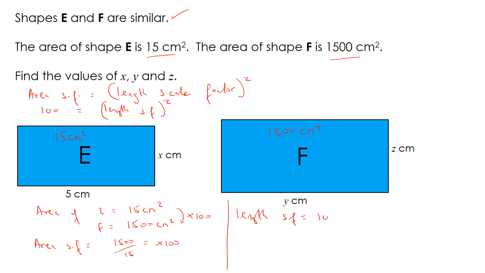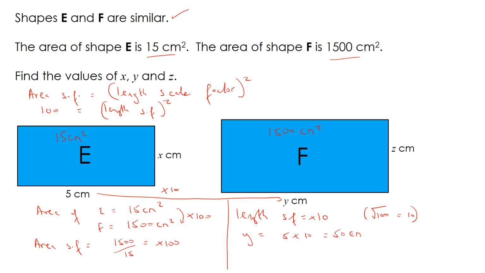Yeah, it is. If you don't believe me, then perhaps you could take the root of 100 to work backwards, and you would get 10. So the length scale factor is 10. And now it's easy, because to find y, I know that these lengths are 10 times bigger. So 5 times 10 is 50 centimeters.